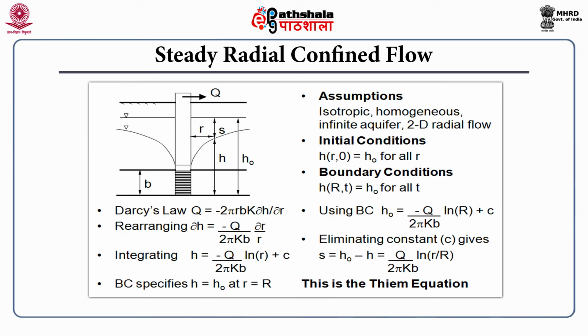Similarly, we can obtain the radial flow in a confined aquifer having a thickness of small b. We can apply Darcy's equation. The only difference here is the total area.